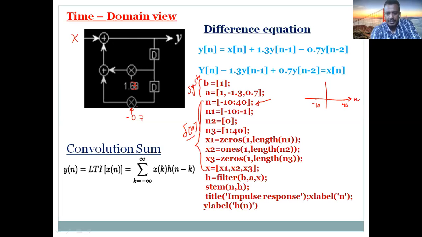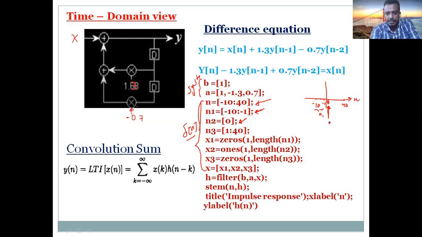Next, we divide this time range into 3. So n1 is from -10 up to -1. This range we denote as n1. n2 contains only one sample, which is time 0. This we call n2.